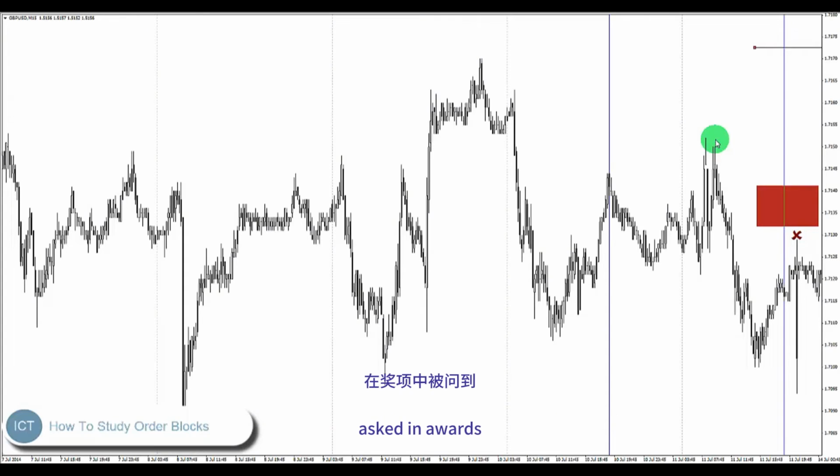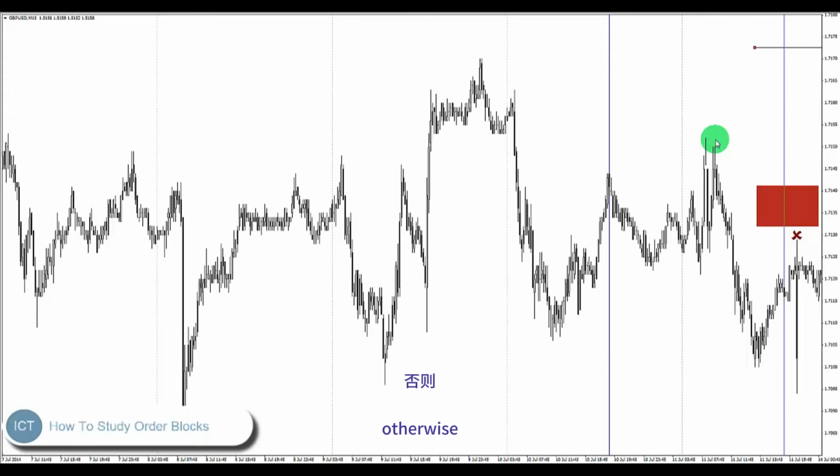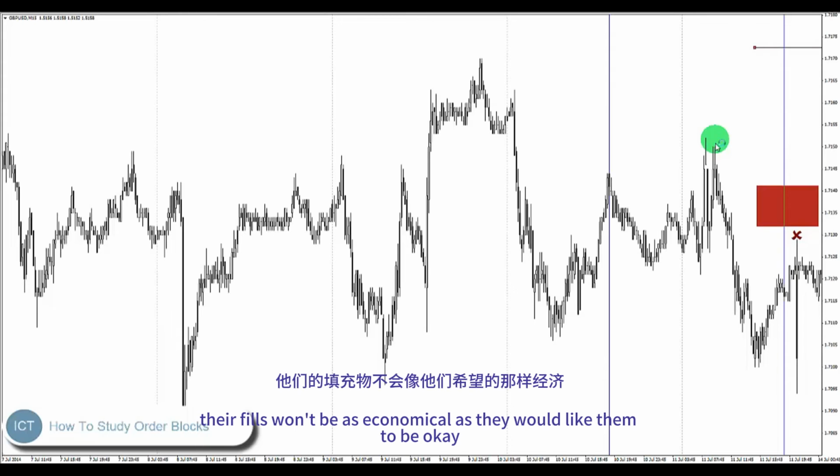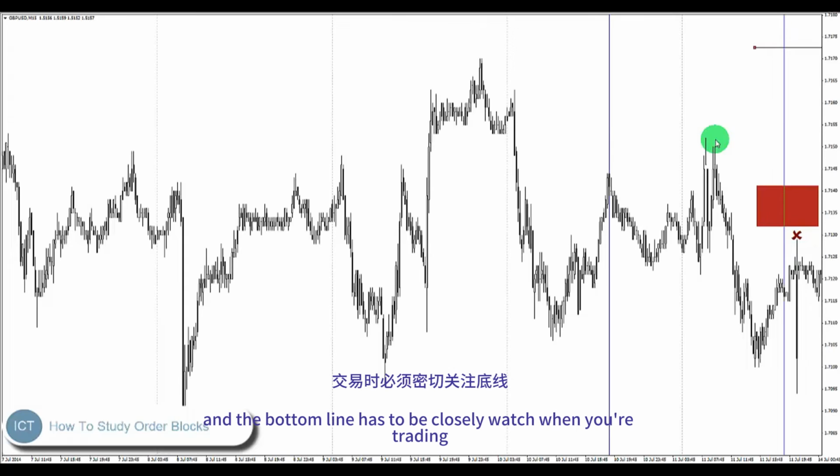In other words, they have to be selling when they're looking for lower prices. They have to get into the marketplace as it's moving higher. Otherwise, their fills won't be as economical as they would like them to be. Okay, they're just like us. They're driven by the bottom line.